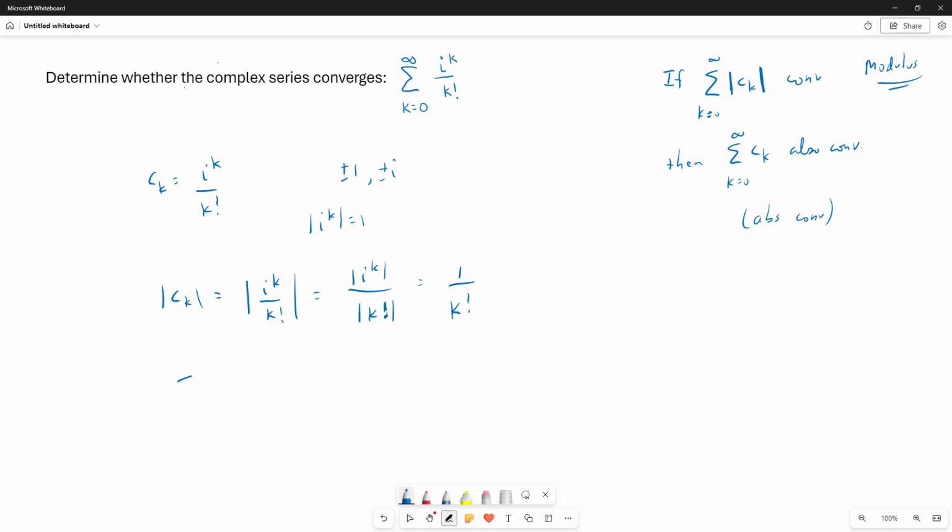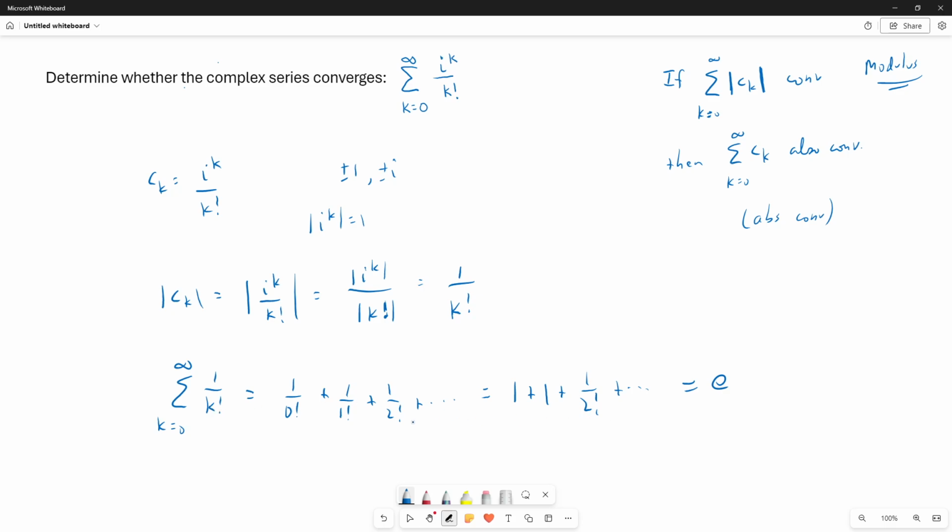So now we consider the series summation of 1 over k factorial, k goes from 0 to infinity, and this is 1 over 0 factorial plus 1 over 1 factorial plus 1 over 2 factorial, etc. And we have to recall here that 0 factorial is 1. And this series is known to converge to the number e.